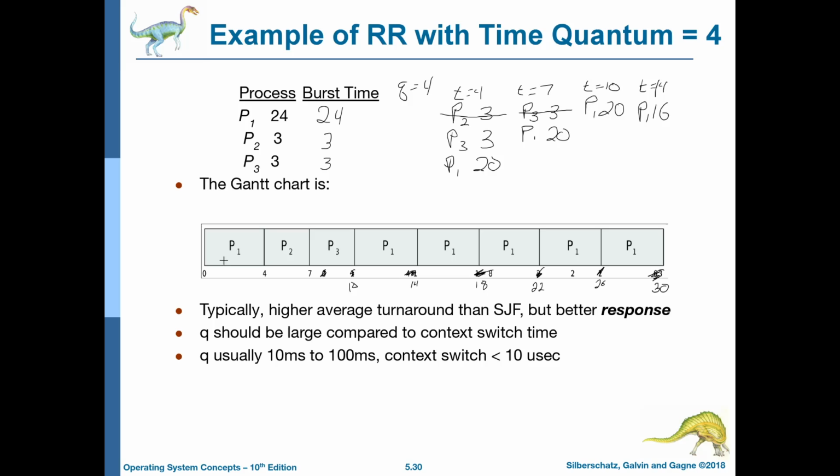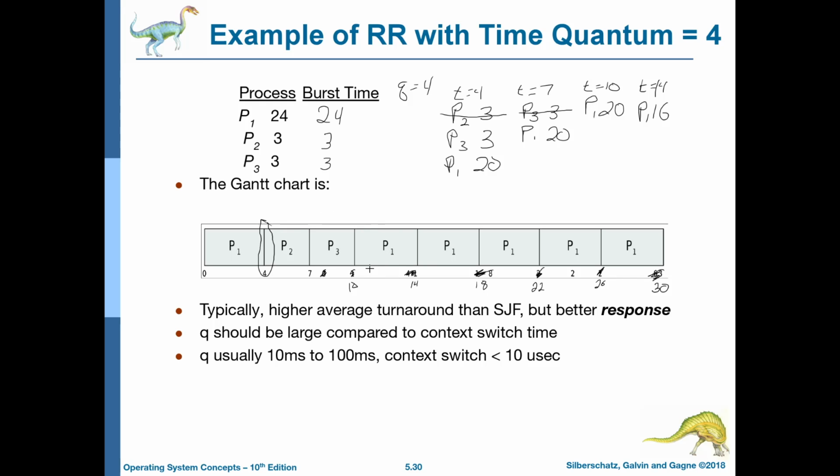But in this particular case, every process gets a response time that's reasonable. So again, quantum should be large compared to the context switch time. We have not calculated context switch time in here at all, and context switch time would happen every time we have an event.